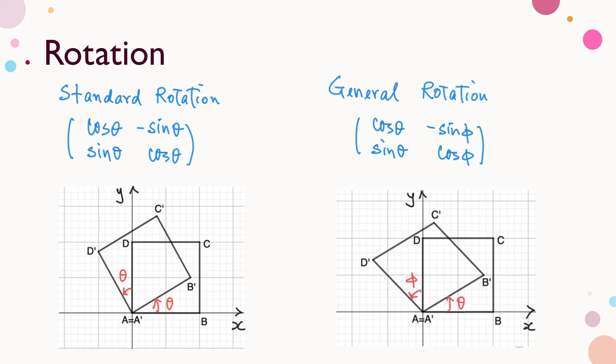Note that the direction of the rotation is anti-clockwise if the angle is positive, and clockwise if the angle is negative. When the angles theta and phi are equal, the general rotation is a standard rotation. When the two angles are not equal, the rotation maps a square to a parallelogram.